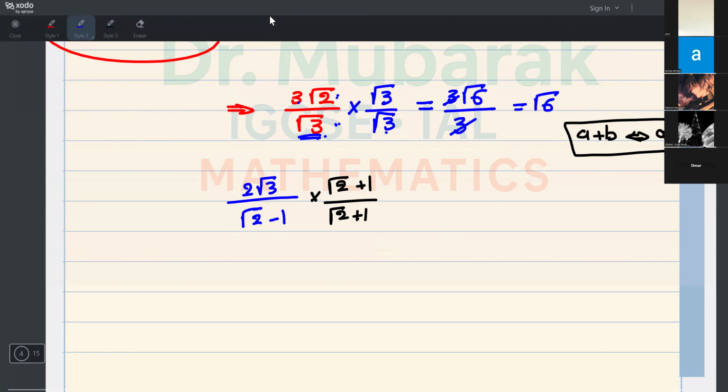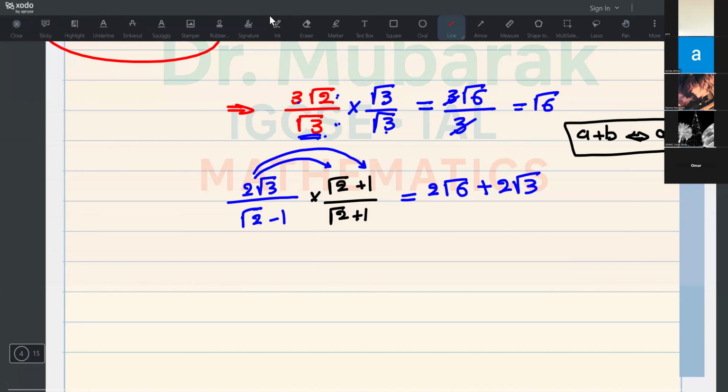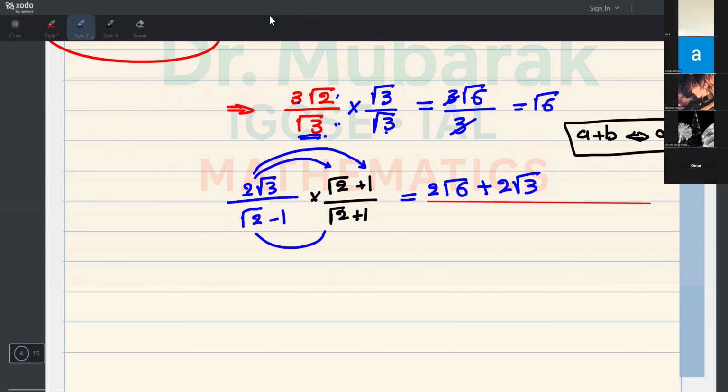Let's multiply. 2 root 3 multiplied by root 2 is 2 root 6, plus 2 root 3 multiplied by 1 is 2 root 3, over root 2 times root 2 is root 4, which is 2.